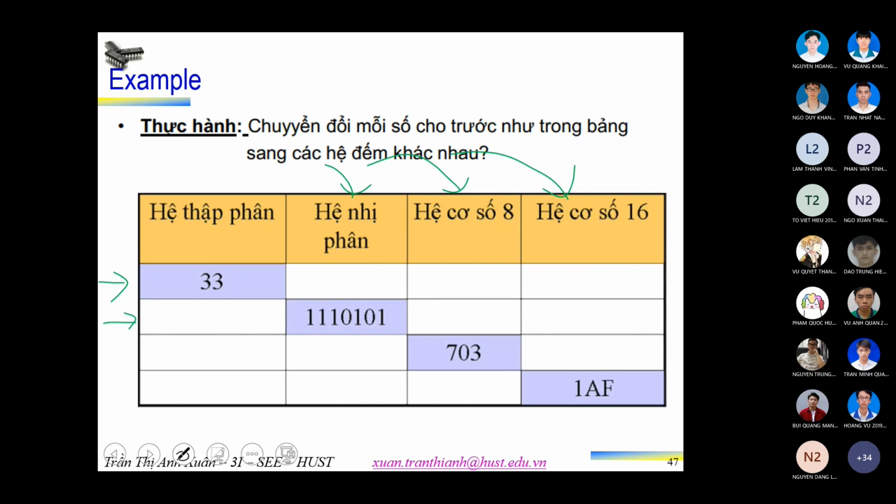For this example we are given the binary number, so we must find the conversion to decimal, octal, and hexadecimal. All of you have 5 minutes to finish this practice.